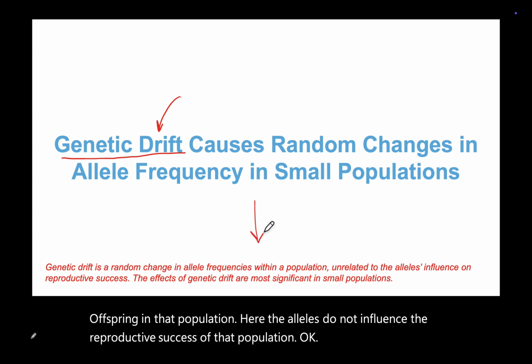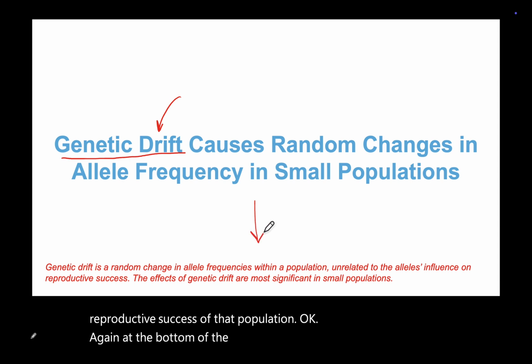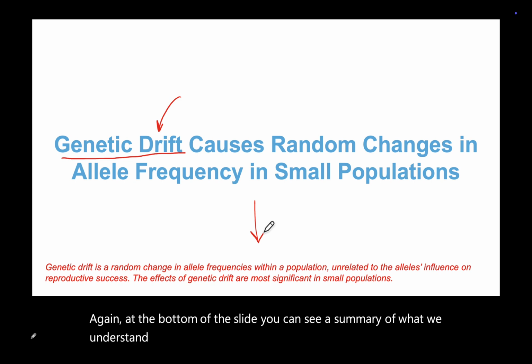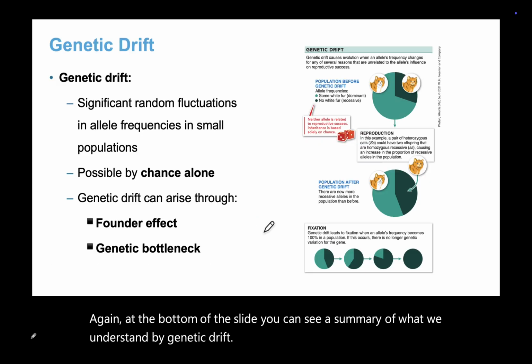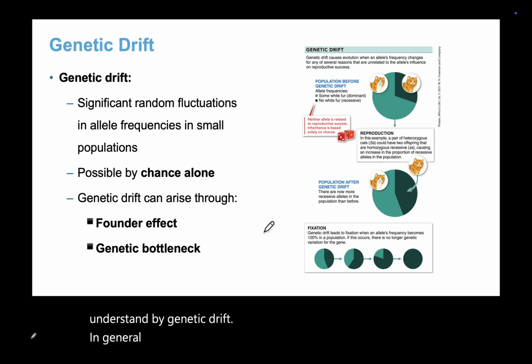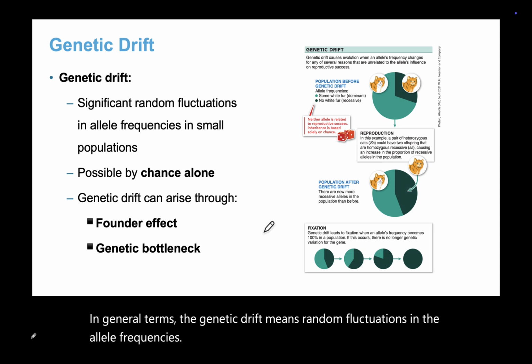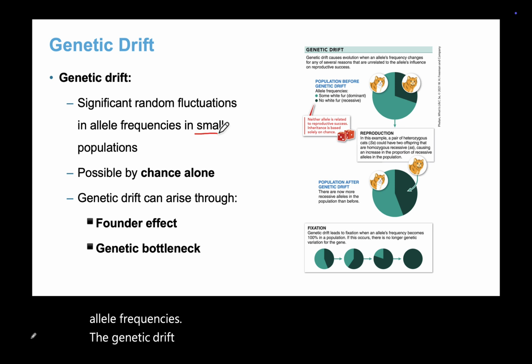Again, at the bottom of the slide, you can see a summary of what we understand by genetic drift. In general terms, genetic drift means random fluctuations in the allele frequencies. Genetic drift usually happens in small populations.